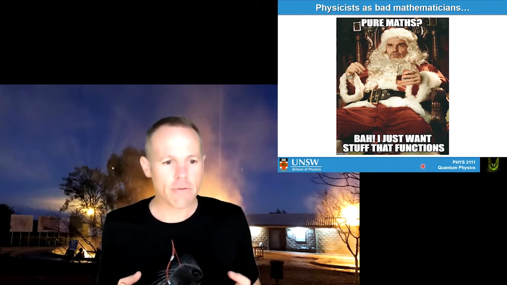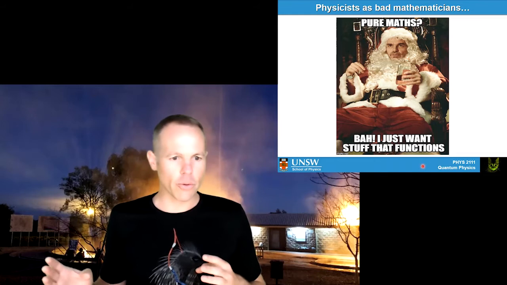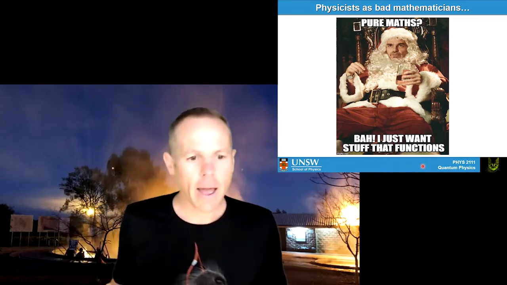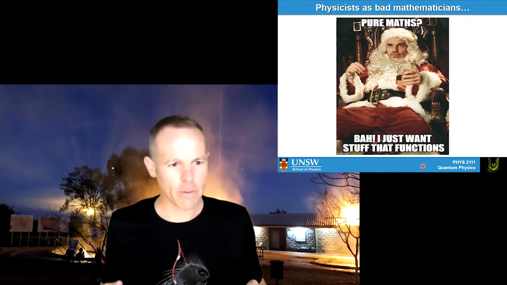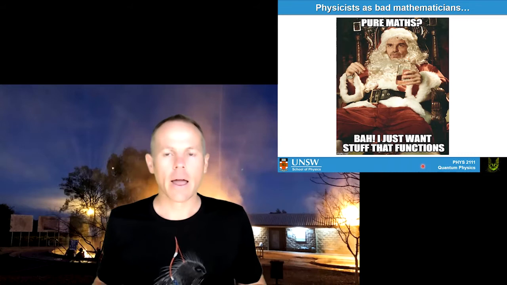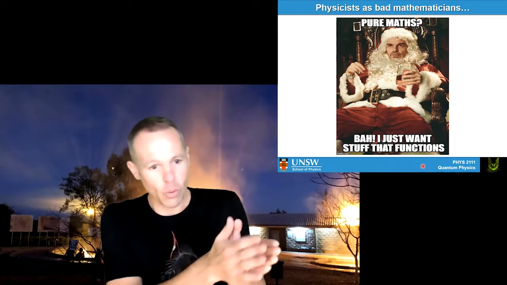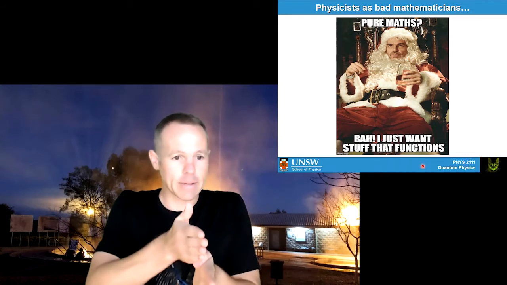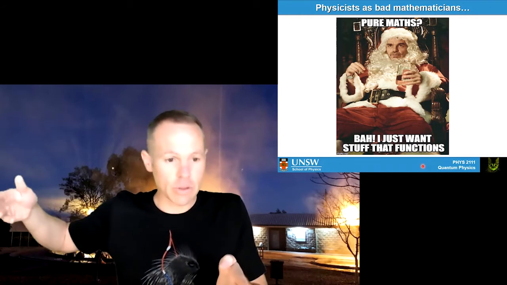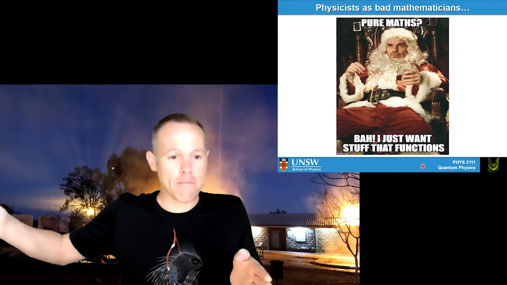My favorite example for this is that you'll float around in physics and people will say something like 1 over 0 is infinity. And if you take it from a pure mathematical perspective, you go, no, 1 over 0 is not defined. What you can say is that the limit of 1 over x as x goes to 0 will head towards infinity, right?